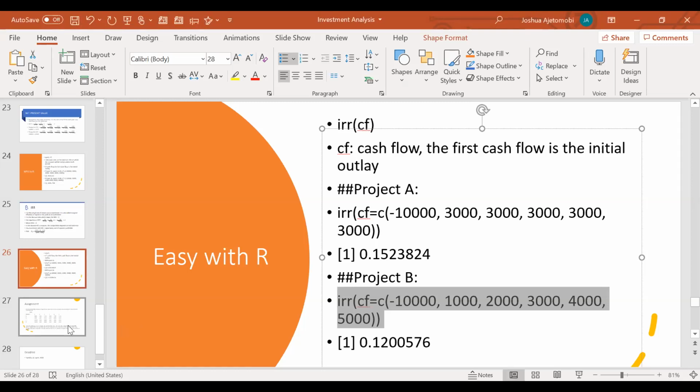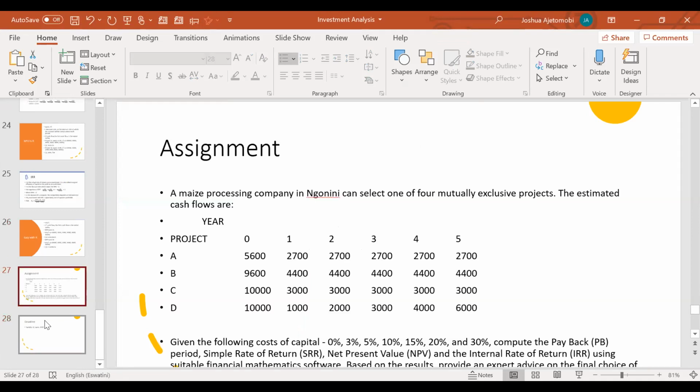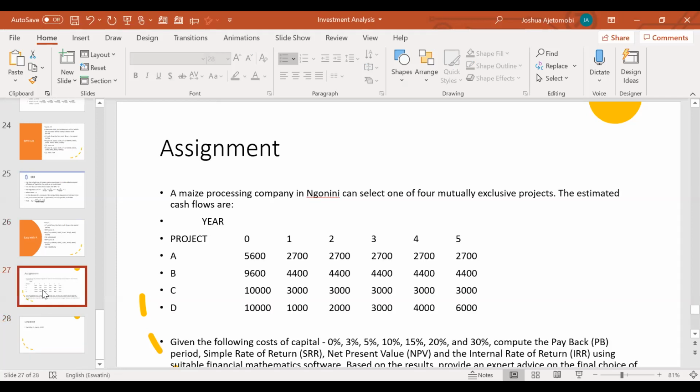Now that you want to leave, the only thing that remains, look at the assignments before you go. Okay, Prof. And the deadline is Tuesday, 22. No problem, Prof. Speaking about that, he says 24 at 11 is okay. Thursday, 24 at 11 for the online test.